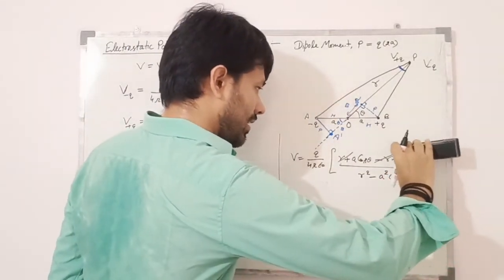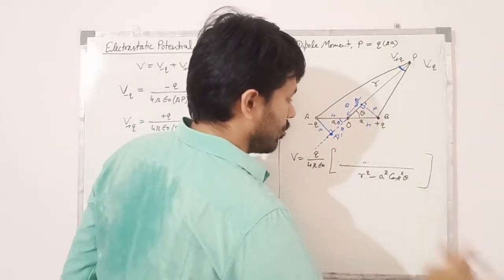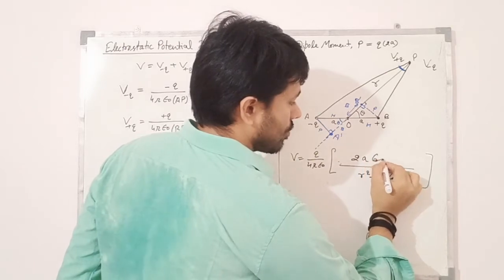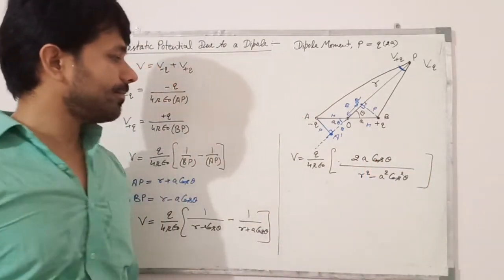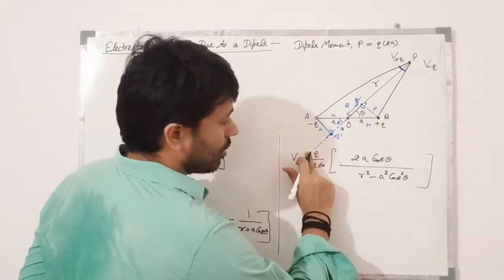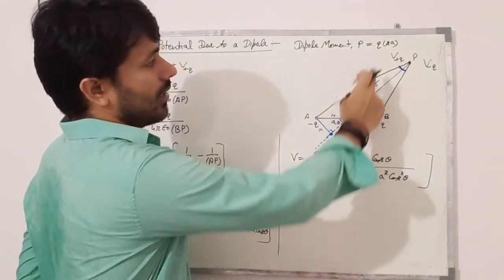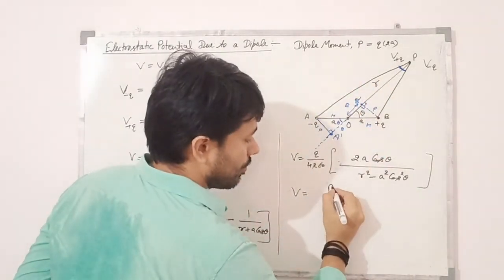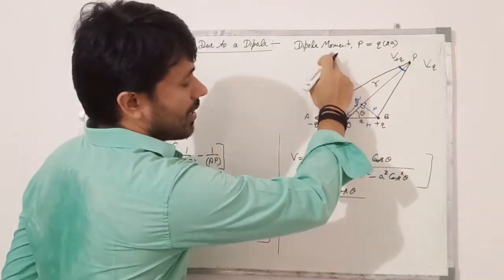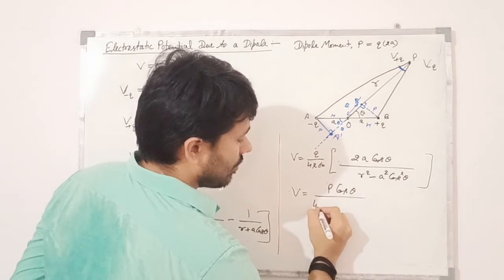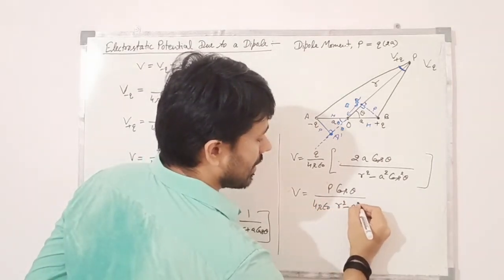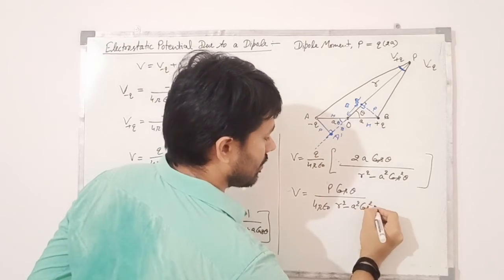So I can write it here: 2A cos theta. Right? So potential is what? Q into 2A, I write it P. So P cos theta. Q into 2A is what? Dipole moment. So over 4 pi epsilon naught R square minus A square cos square theta.